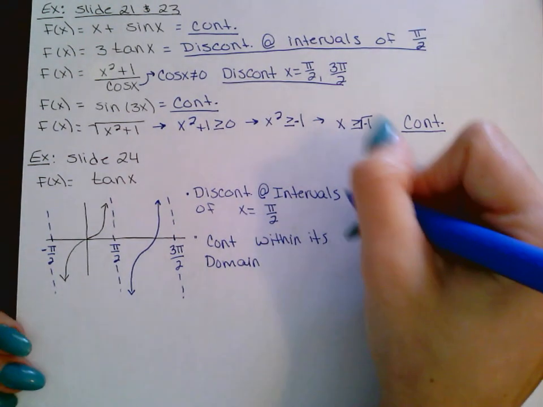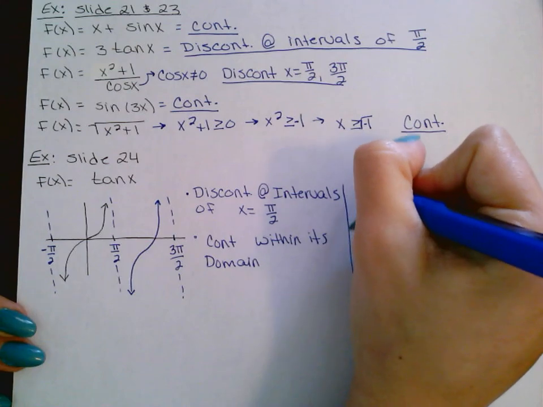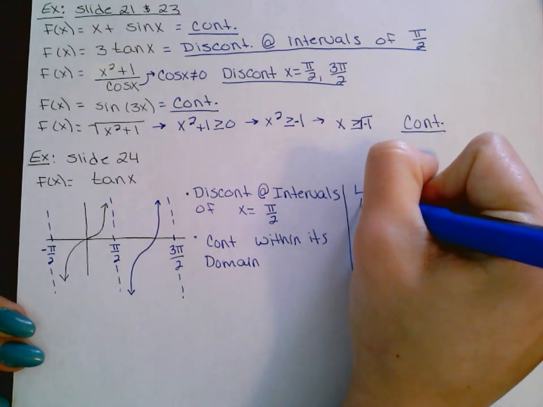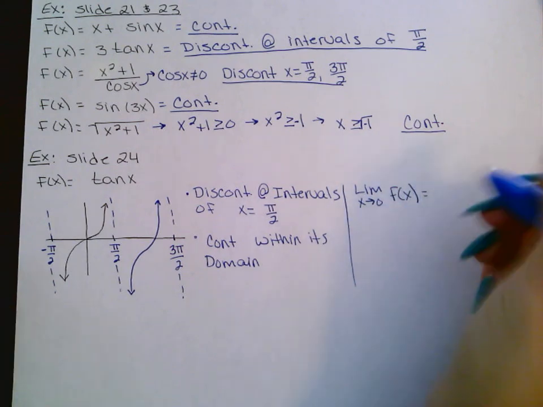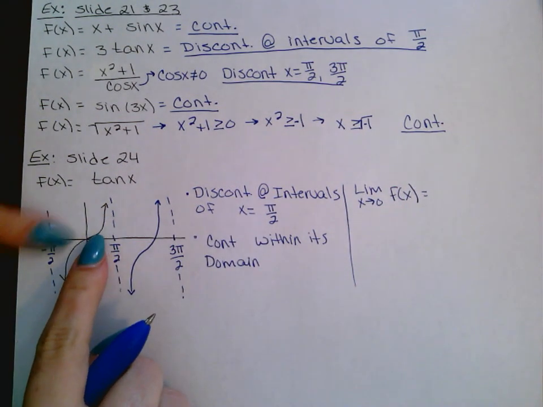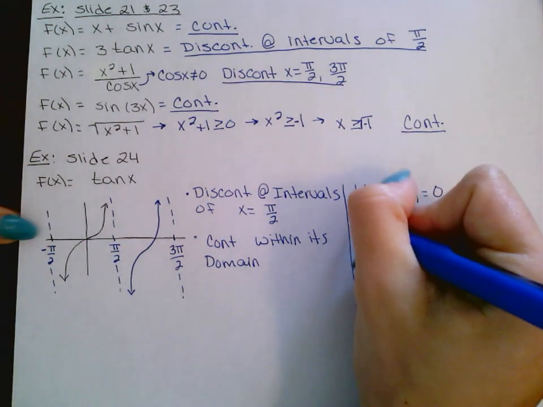Okay? So now, if I want to talk about a limit, let's talk about two different limits. The limit as x approaches 0 of tangent. So as I approach 0 from the right and from the left, I hit the origin, which is 0. So that one's fine.